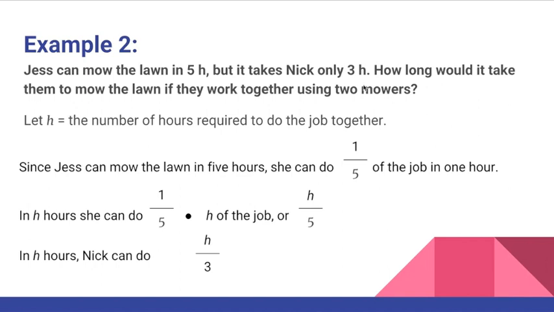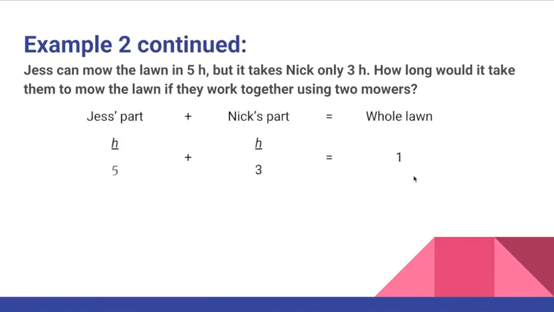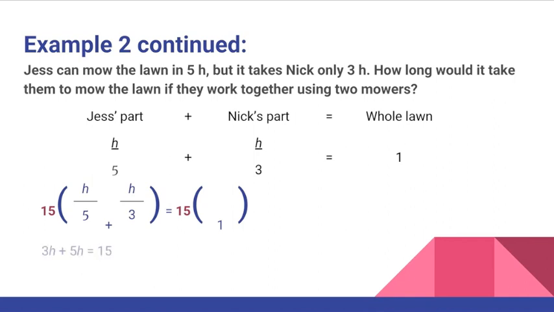Again, we know that when we take the sum of H over 5 and H over 3, it's going to equal 1 because that's our whole project here, the whole lawn. Again, we've got all of our variables up in the numerator. For our LCD, we're just going to get 15. If we cross cancel that out, we end up with 3H plus 5H is equal to 15.